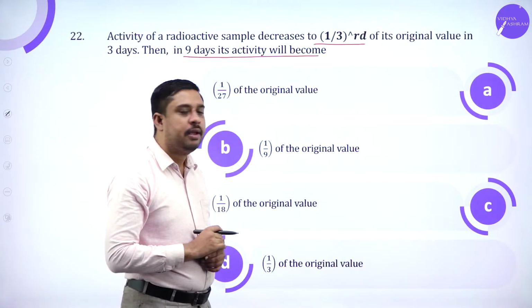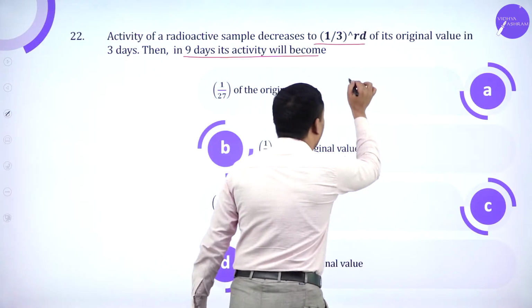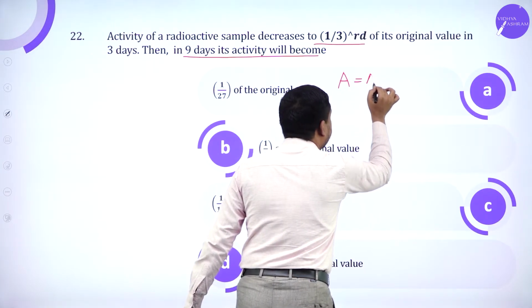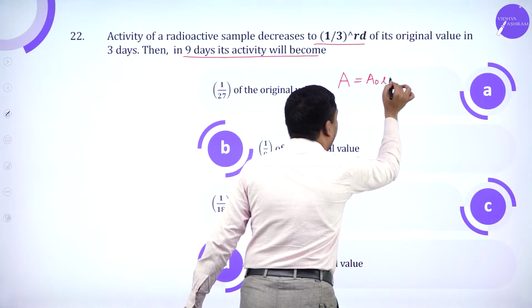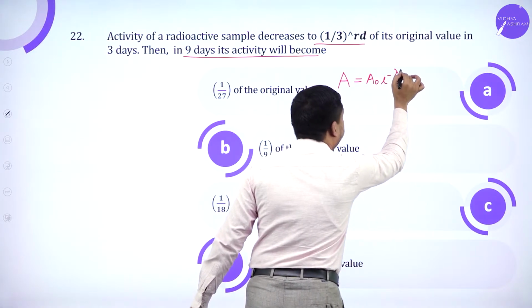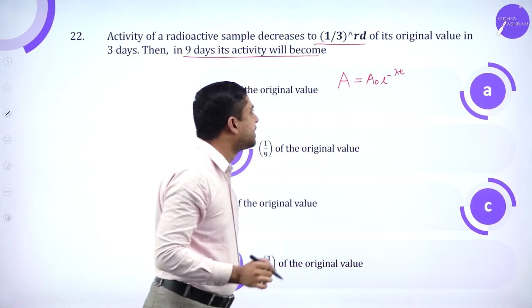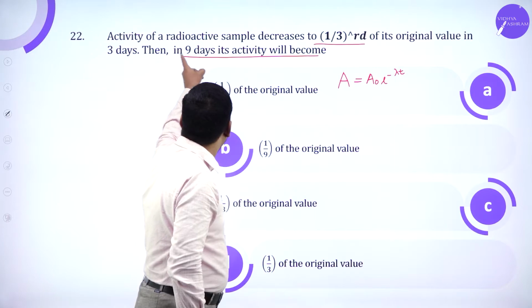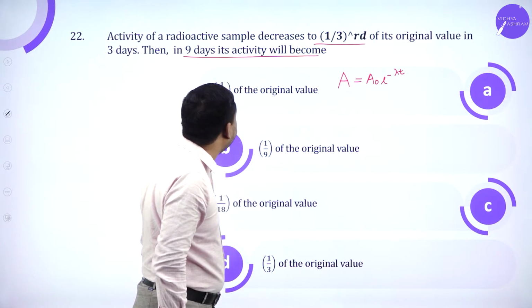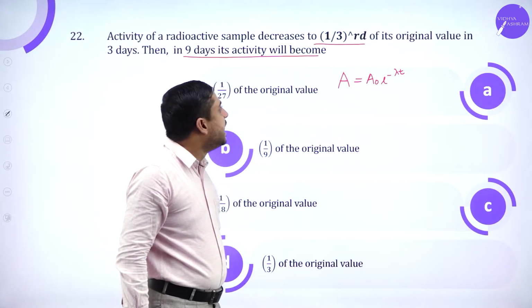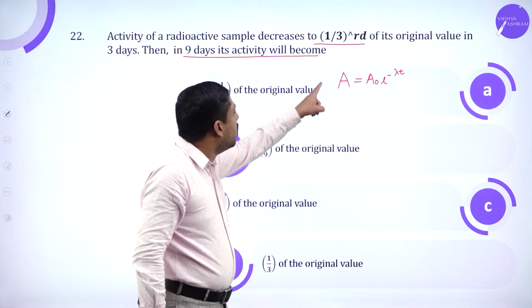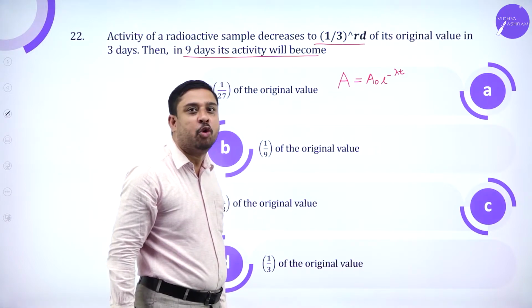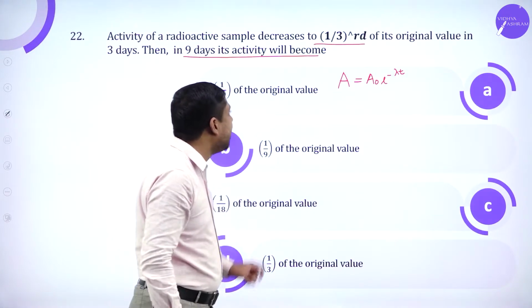Now we know activity is A equals A naught e to the power minus lambda t. He says the activity of a radioactive sample decreases to 1/3 of its original value in 3 days.